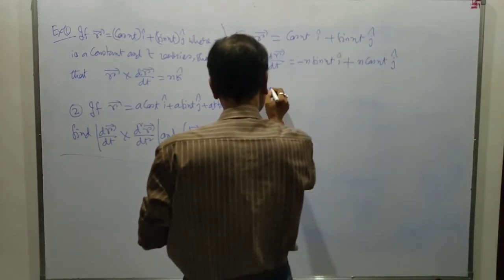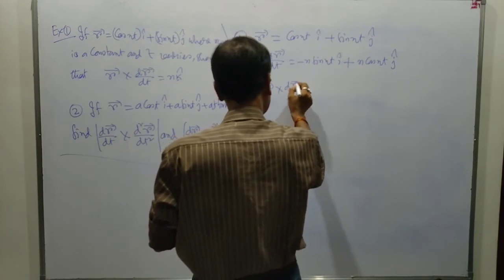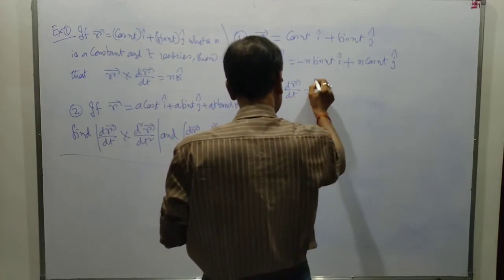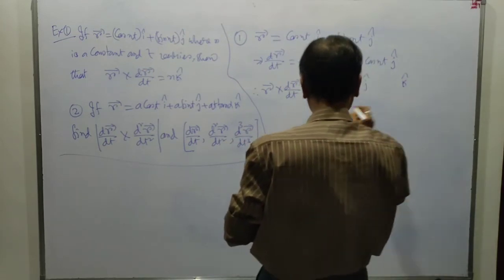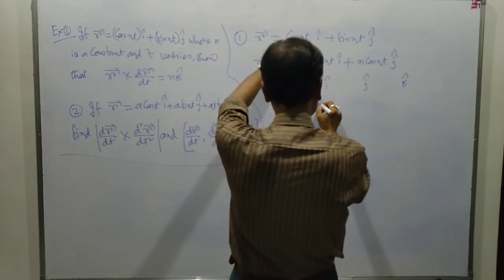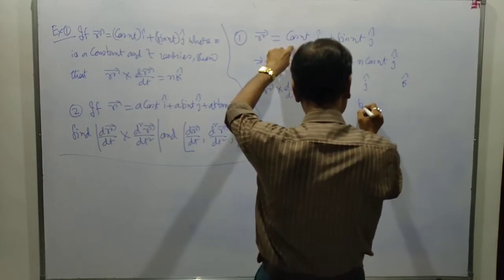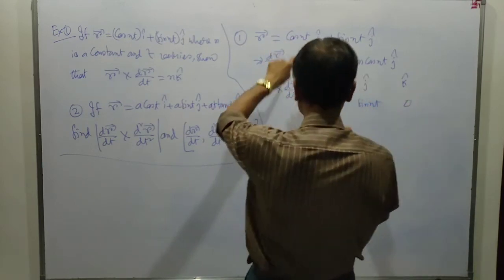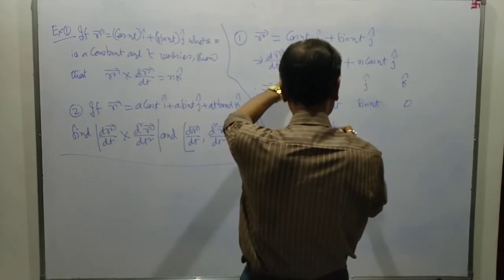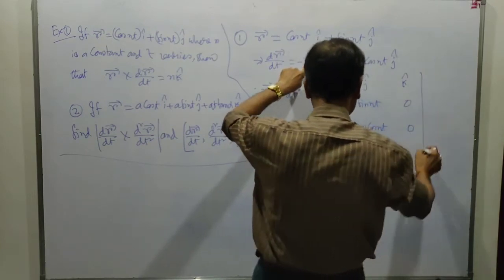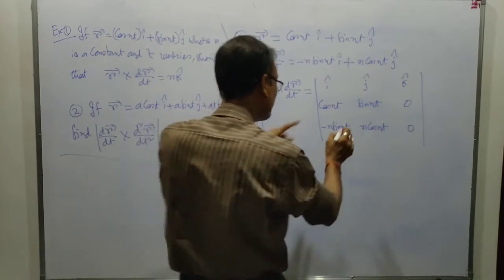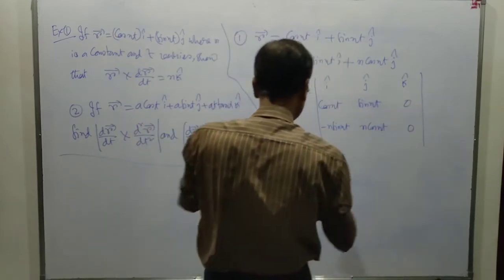Therefore, R vector cross dr vector by dt. For the cross product you may write here i cap, j cap and k cap, and here cos nt, sin nt, 0, minus n sin nt, n cos nt, again 0. This is equal to this into this minus this into this.